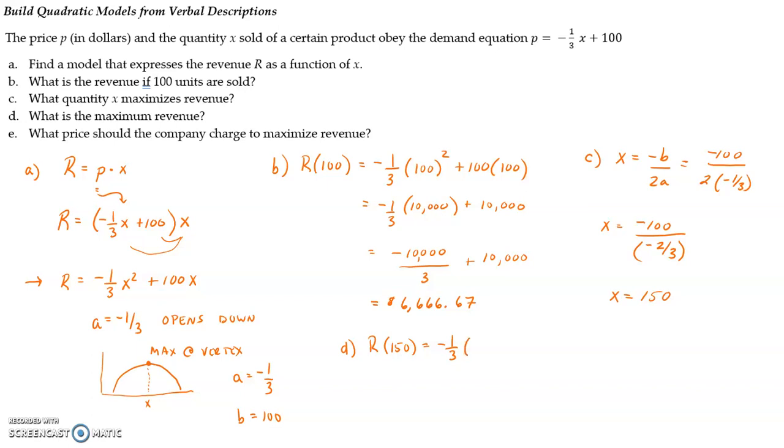We're plugging in the 150 for that x value, so I've got 150 squared plus 100 times 150. Let's use our calculator to simplify this. This is going to give us a revenue of $7,500.